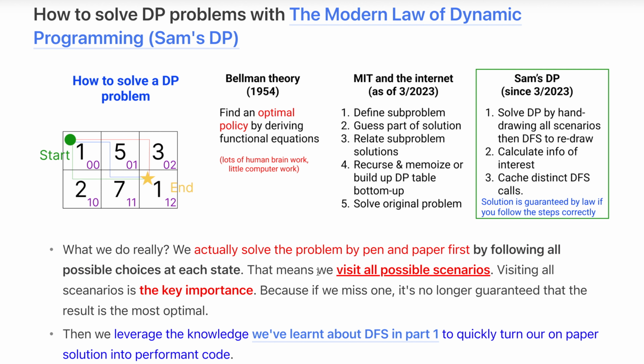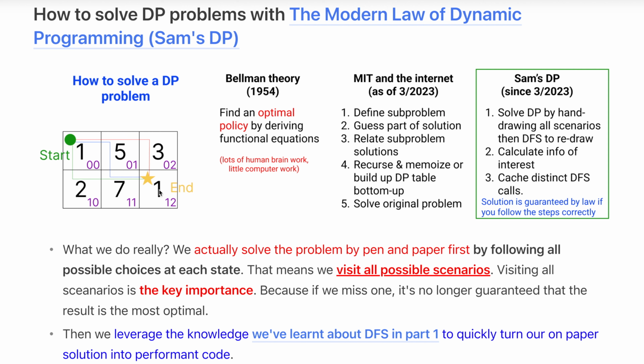That means we visit all possible scenarios, and visiting all scenarios is of key importance, because if we miss one, it's no longer guaranteed that the result is the most optimal. Applying this to this problem, from the start here, we're going to try all possible paths to reach the end and choose the path that collects the most gold.